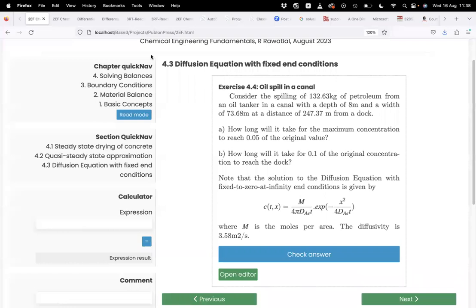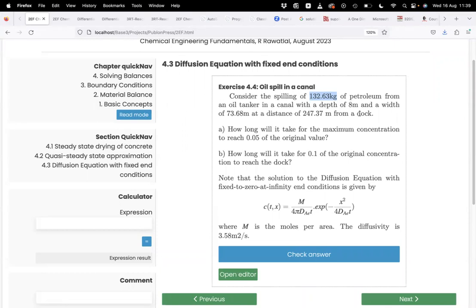Now we have a problem where there is a material balance with fixed endpoints. Let's just read the question. We are told that there's an oil spill in a canal. An oil tanker was passing through a canal, and it spilled 132 kilograms of petroleum.